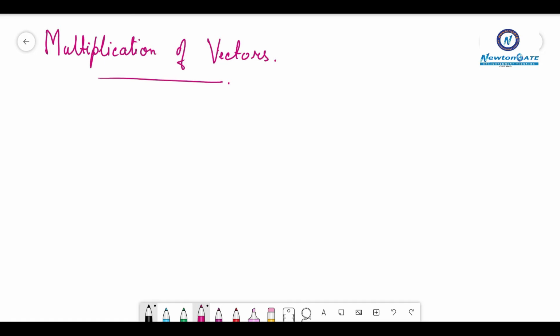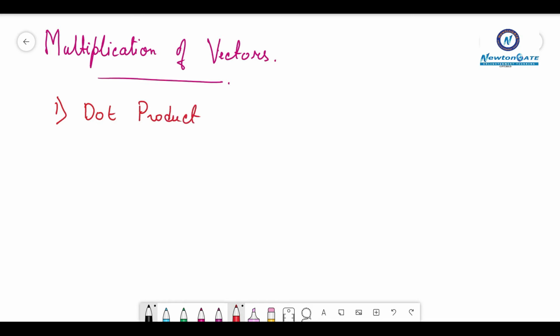But here we will learn that if we multiply two vectors, we can get two kinds of values. For that, we have to multiply two vectors in different ways. The first method is called the dot product.